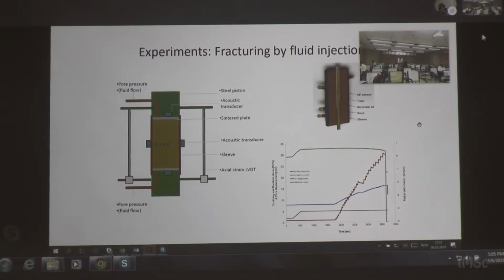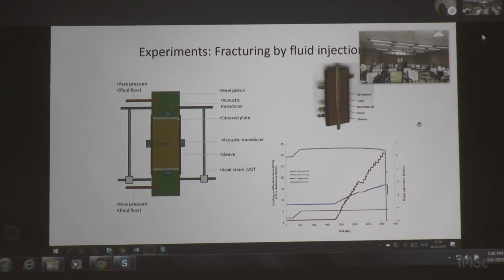We just increased the pressure until we got fractures. On the left side you can see the plan for our experiment, the sample inside, and there are 4 pressure channels, and there are acoustic transducers that can record the cracking events inside the sample.